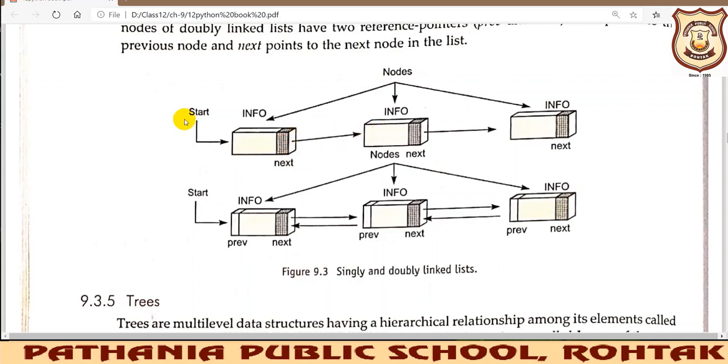Initially we'll be starting at a place, means the pointer to the very first node which we want to refer to will be given. Let me give an example to make it clearer. Let us say there is a doctor who has to take the round in the hospital, and the patients are there on the beds.